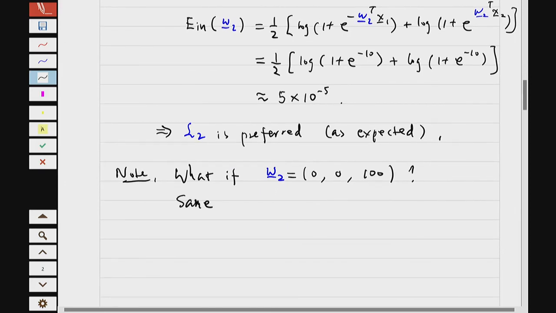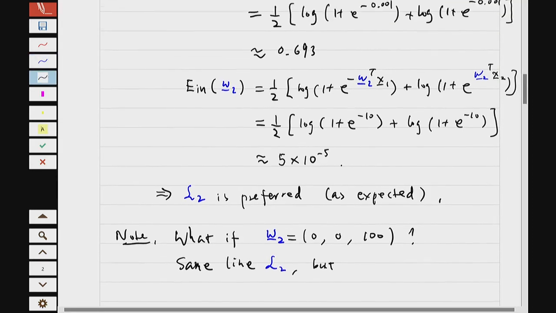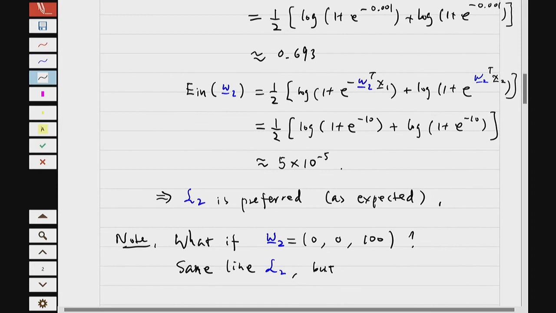what happens to the error? If you substitute these numbers into this formula for W2, this minus 10 becomes minus 1,000, because you multiply by 100. Previously it was 1, now it's 100. So minus 10 becomes minus 1,000 if you do the calculation.